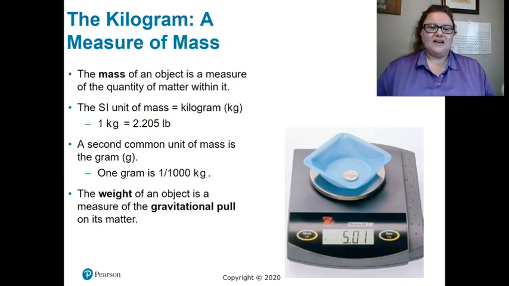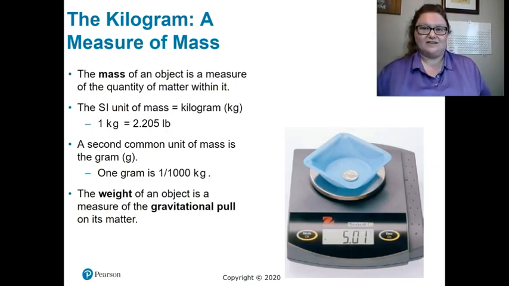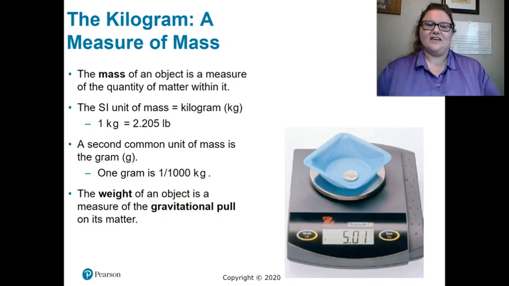All right, then I have to make a note here of weight. Mass and weight are not the same word. It's very important. I will mark you off if you use the word weight when you mean mass. What's the difference? Well, you can see here, the mass is defined as the amount or quantity of matter.